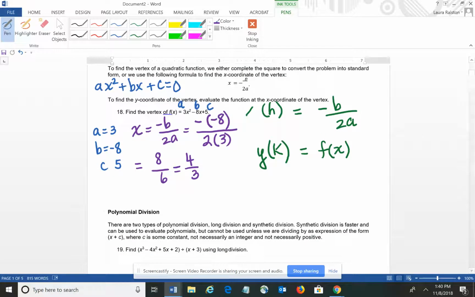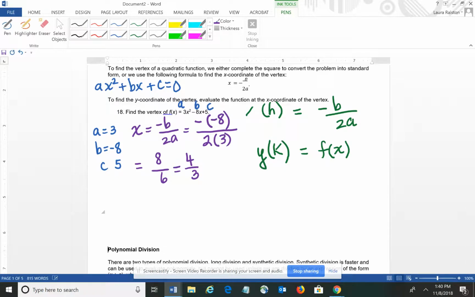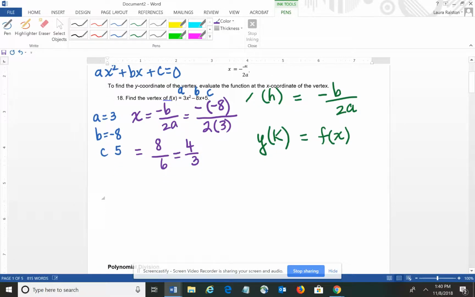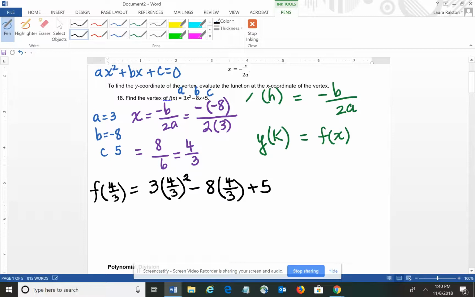To find the y coordinate of the vertex, I then have to take 4/3, which is going to be kind of messy, to plug back into the equation to get my y coordinate. So if I substitute 4/3 back into the original function, I have 3 times 4/3 squared minus 8 times 4/3 plus 5.